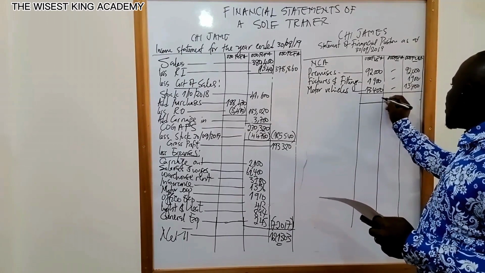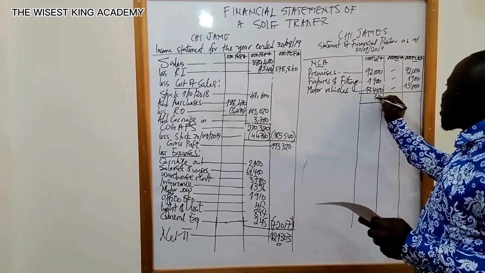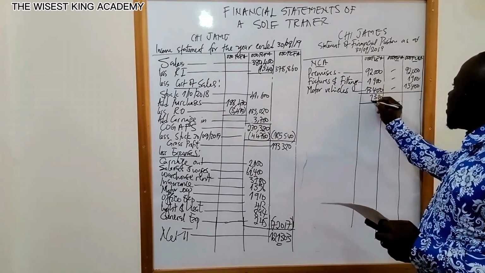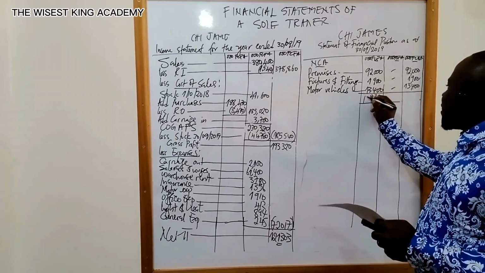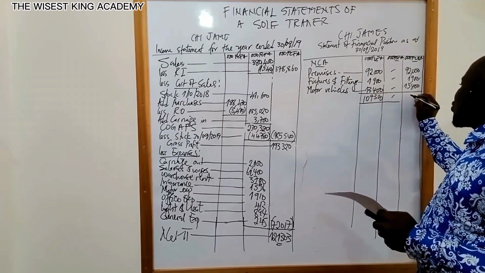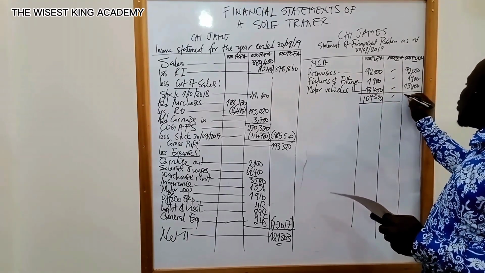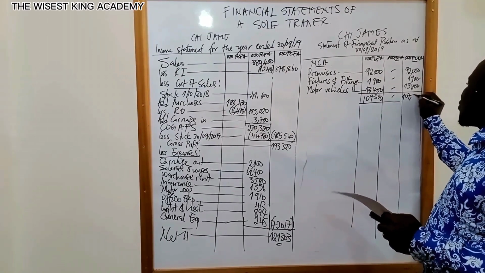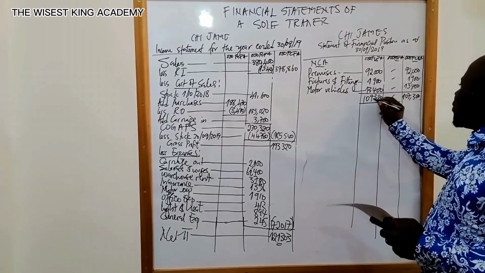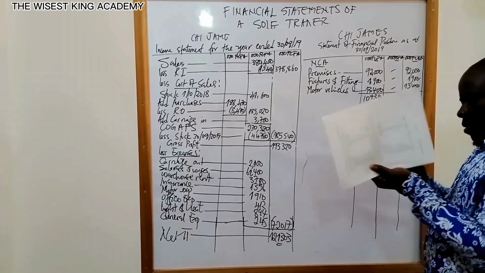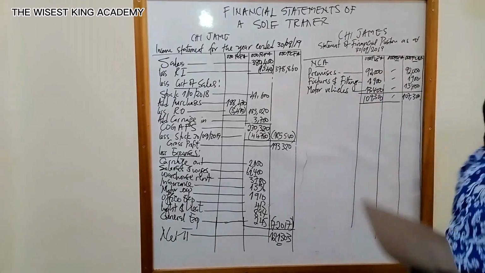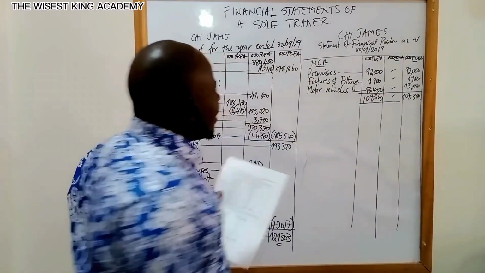So the total of this is 107,300. That's the total of our non-current assets.